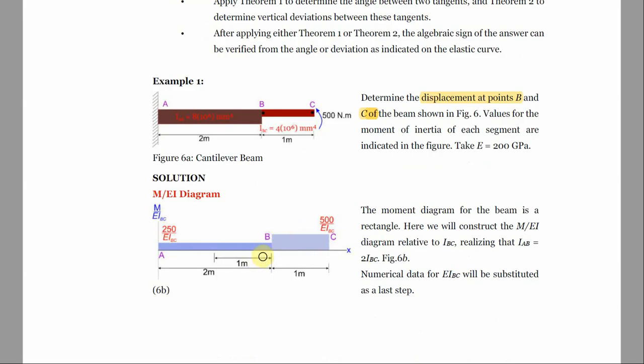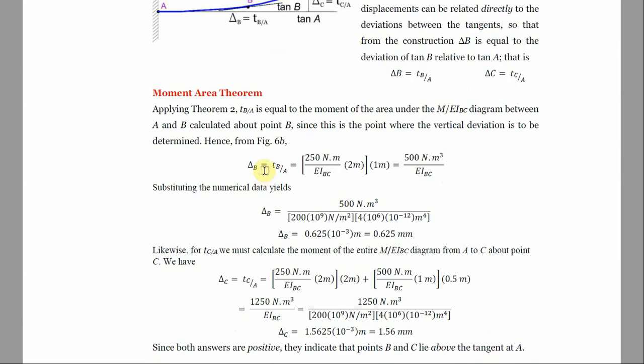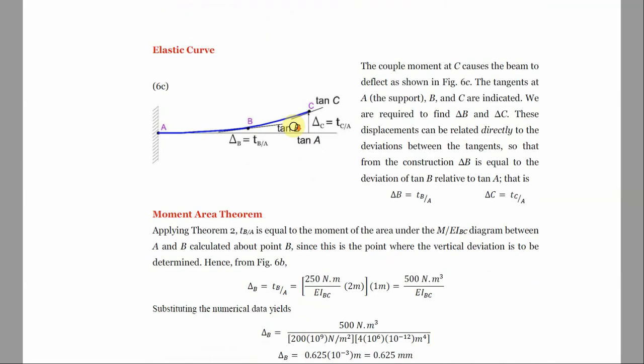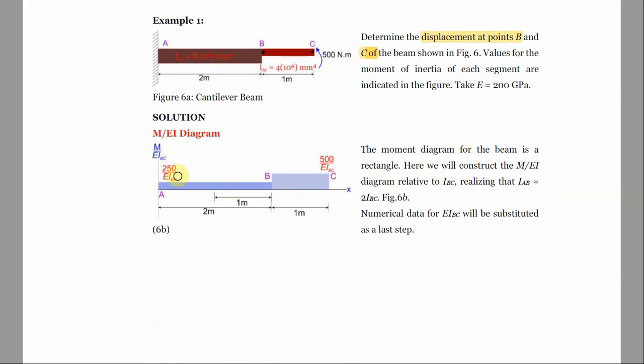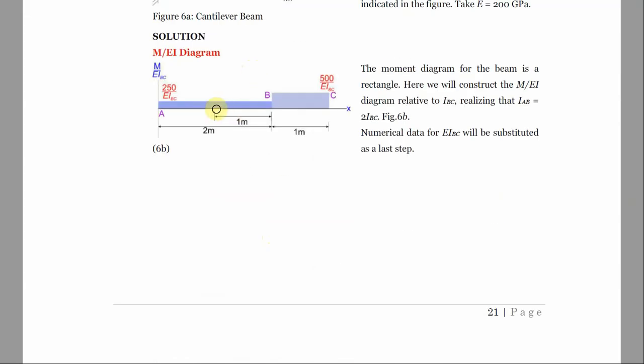However, this shape is a rectangle, right? So definitely the centroid is just around this area, while for this particular one the centroid is around this corner here. Now let us look at the calculation. The displacement of b from reference point a will be equal to this bending moment here times this distance 2 first, then multiplied by the centroidal distance from here to here, that's 1.